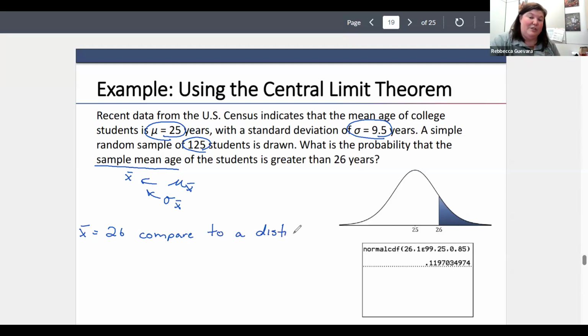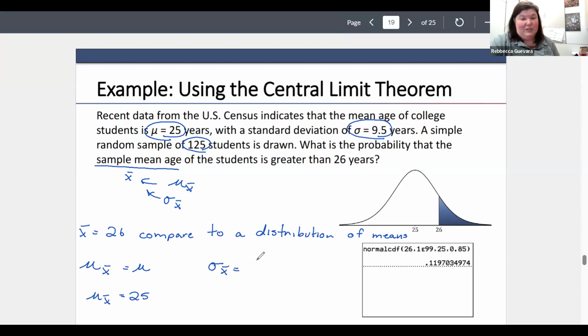And I need to compare this to a distribution of means because it is a mean. So I can't compare it to just mu and sigma. I need mu sub X bar, which I know is going to be the same as mu. So mu sub X bar is going to be 25.